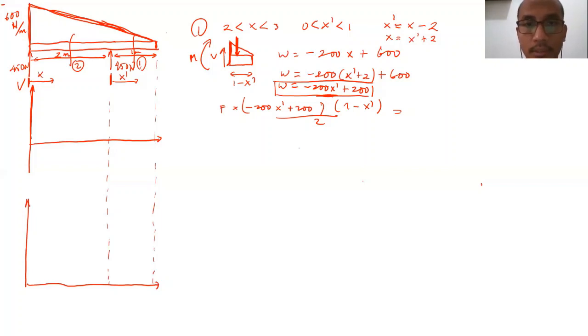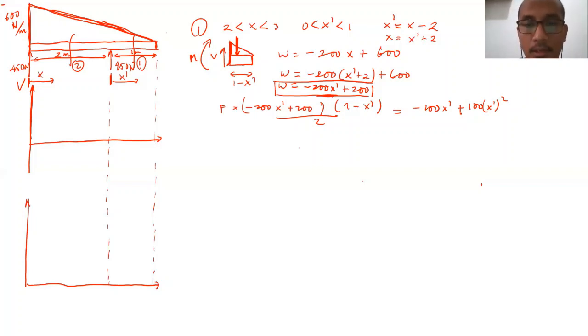So in this case, this one is minus 100 x action multiplied with this one, minus 100 x action squared. This one is supposed to be plus, sorry.